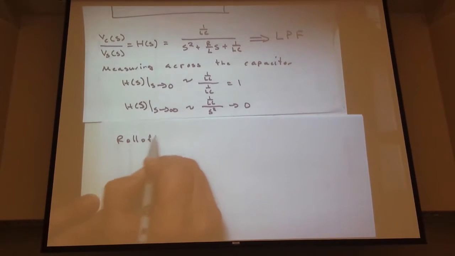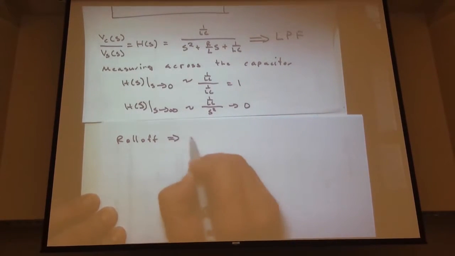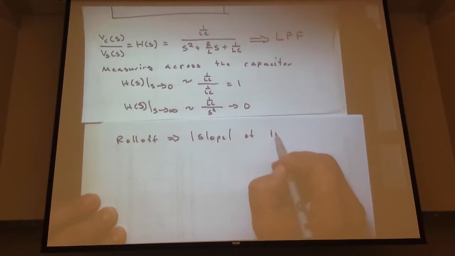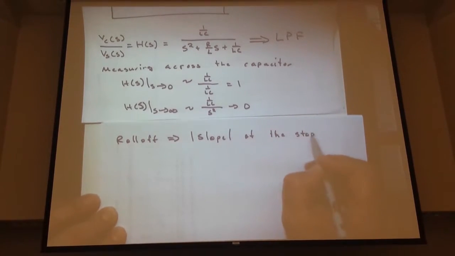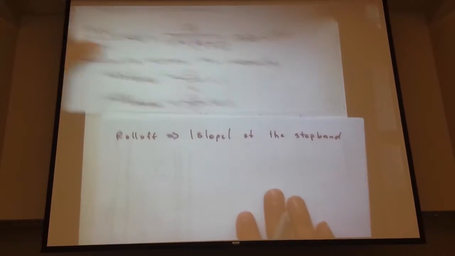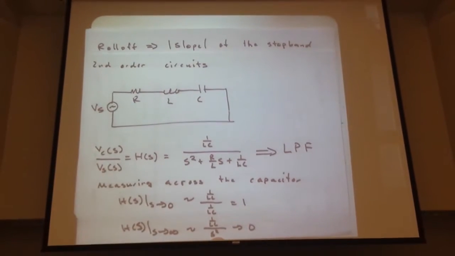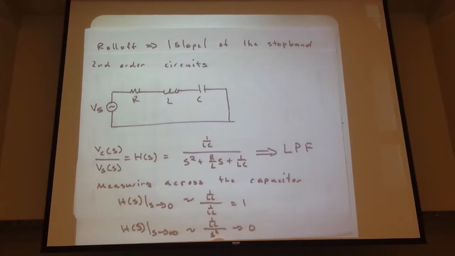I'm going to use this word a lot: the absolute value. So what's our roll-off? Well, we have a 1 over S squared, so that's 40 dB roll-off, or a slope of minus 40 dB. So measuring across the capacitor for an RLC series circuit, V out over V in, we build a second-order low-pass filter.